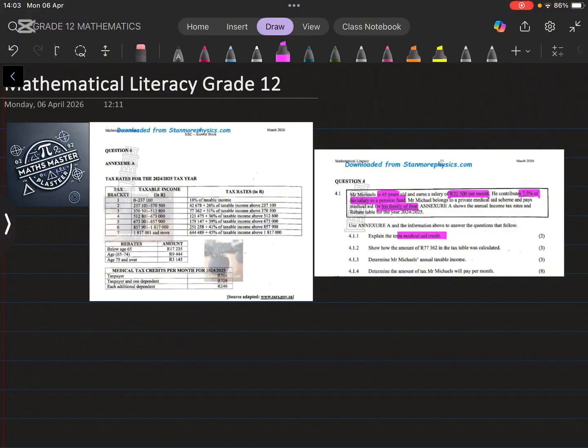So the more you pay the medical aid, or the more dependents you have on your medical aid, the lower your tax will be, because this medical aid credit reduces the tax. It is a tax relief.